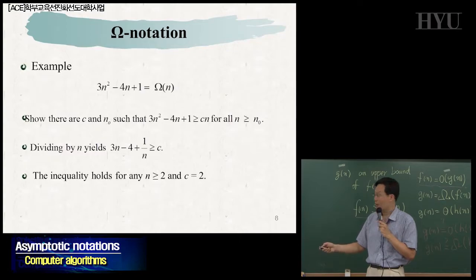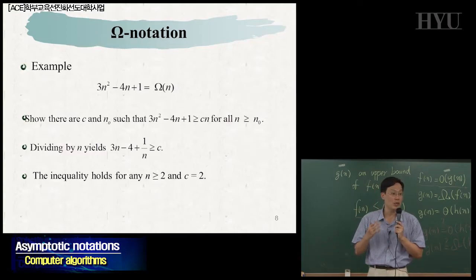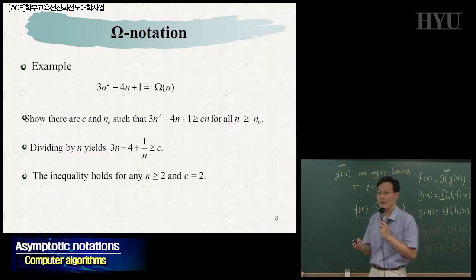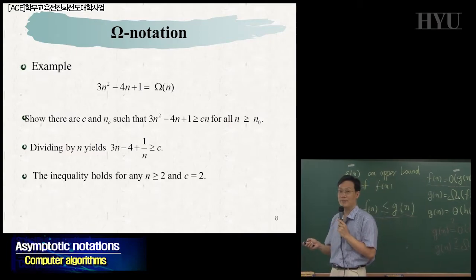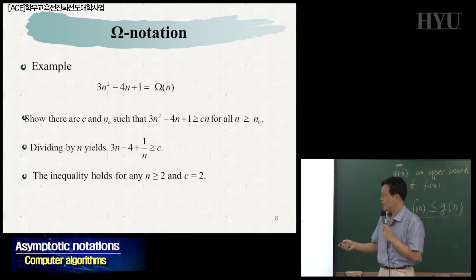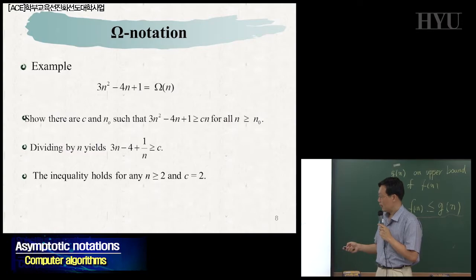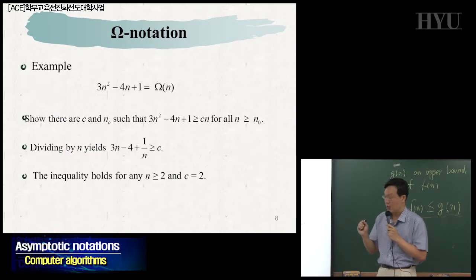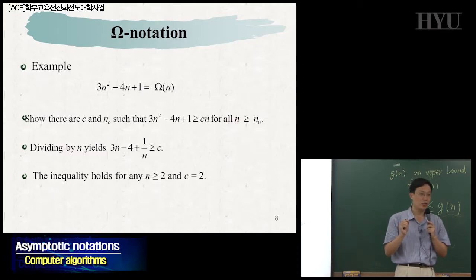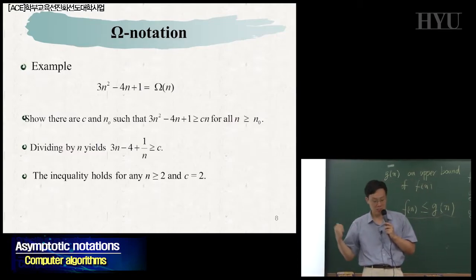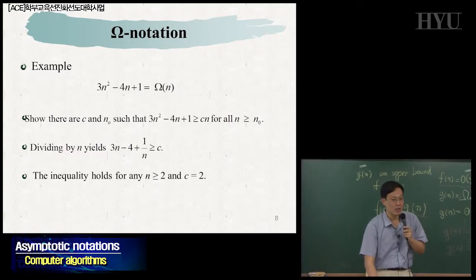And if n is 2 or more, then 3n minus 4 is always 2 or more. So if we set n0 as 2 or more and c is 2, this inequality is satisfied.